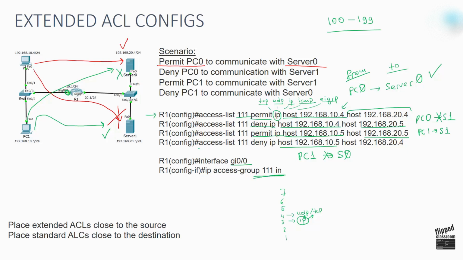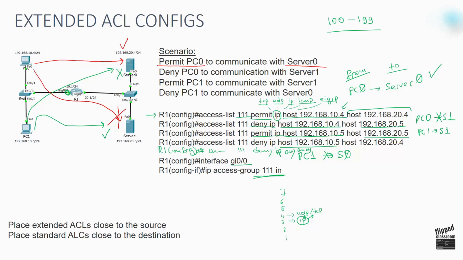By the way, we have an additional rule which we will not type, but it will be used by the router: access list 111 deny IP any any. For all other equipment, communication from any IP address to any IP address will be denied.